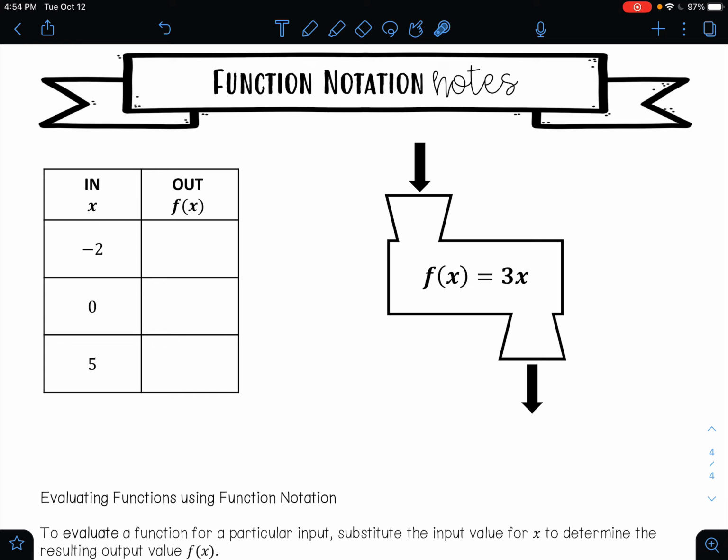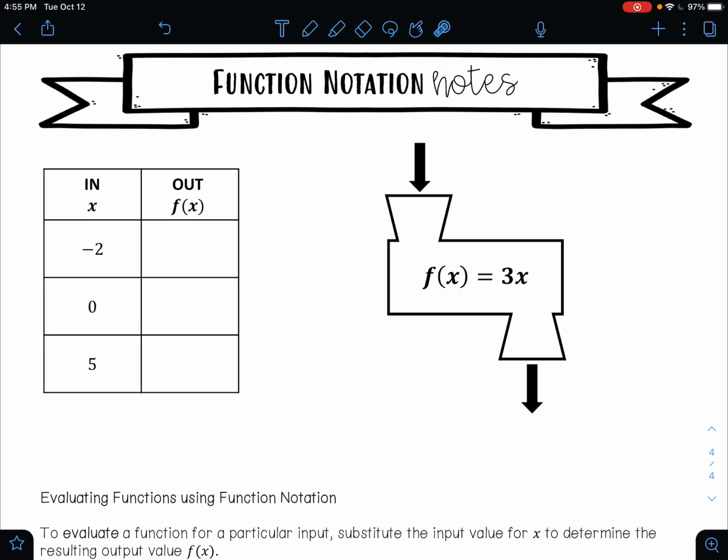So if I'm thinking about a function machine, right? Here's my machine. You know about functions really well. And I'm going to tell you why you already know about them really well. A function machine works the same exact way as a vending machine, right? When you go to a vending machine, what happens? You put money into the machine, you tell it where to go, and then food comes out, right?